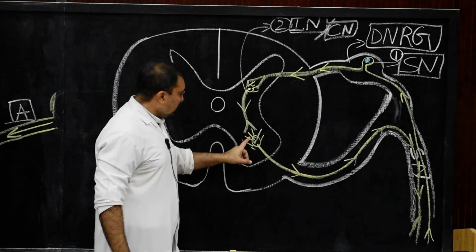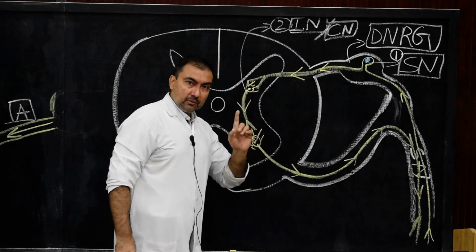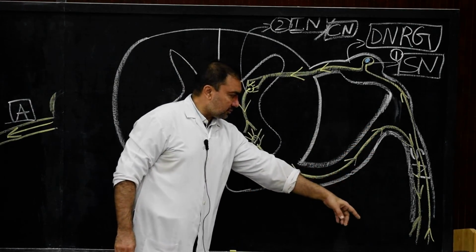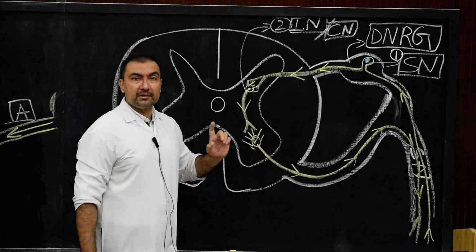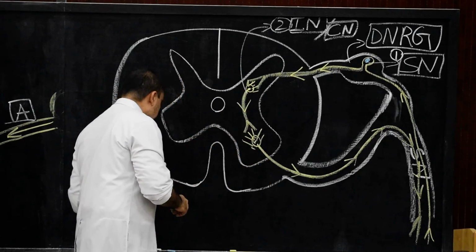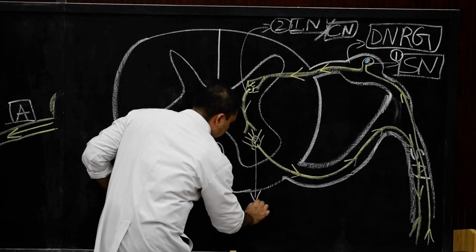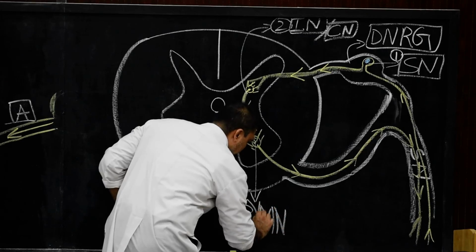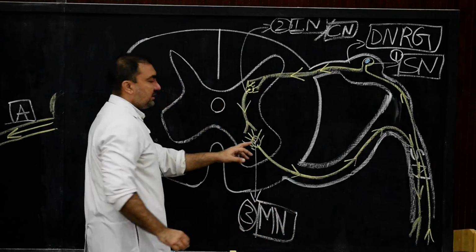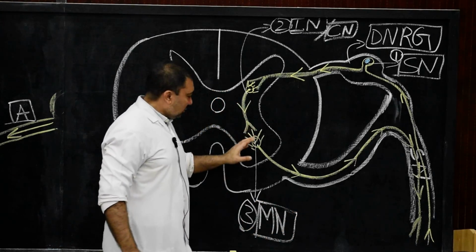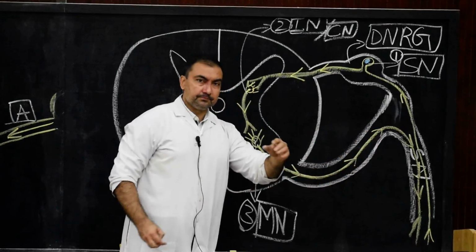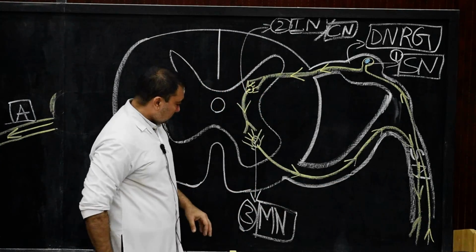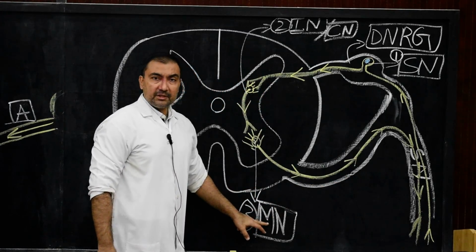So this is an example of a multipolar neuron that sends a very long axon through the spinal nerve towards the peripheral part of the body. It is a motor neuron. The third category of neuron I will mention as the motor neuron. What is its shape? Multipolar. This motor neuron has a long axon and forms the peripheral nerve also. So the third variety is the motor neuron.